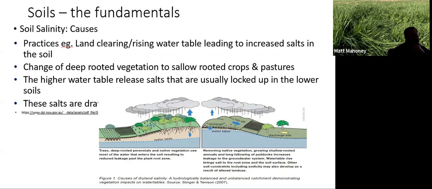If you're trying to ameliorate a salty area, if you can, try and improve the drainage. If you improve the drainage and get the salt that's in the soil leached out or moved out, then that's how you get rid of salinity.